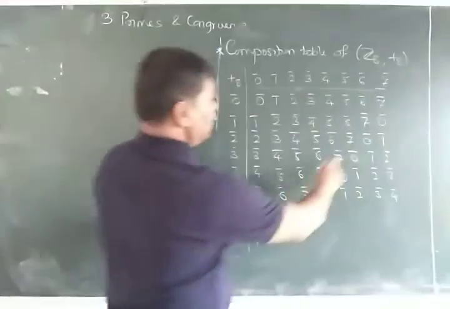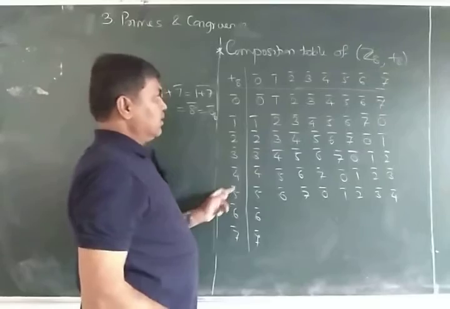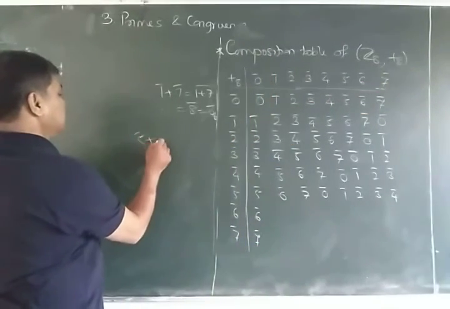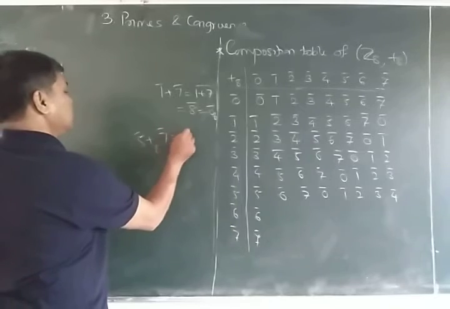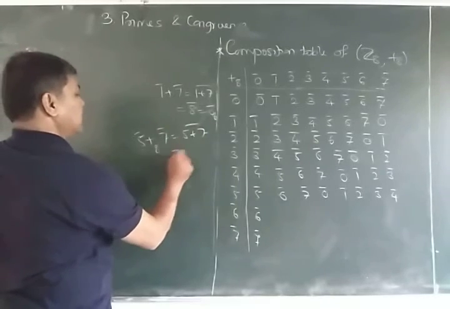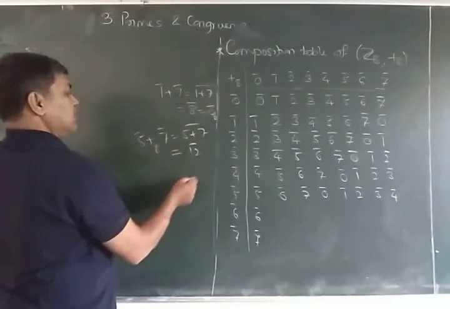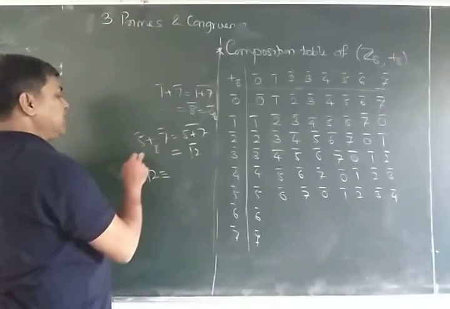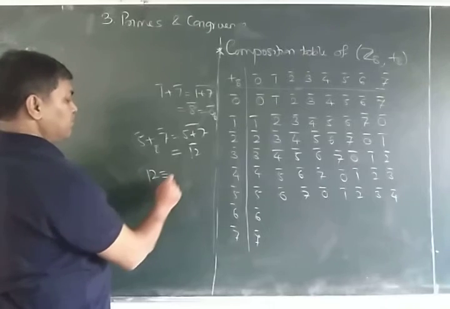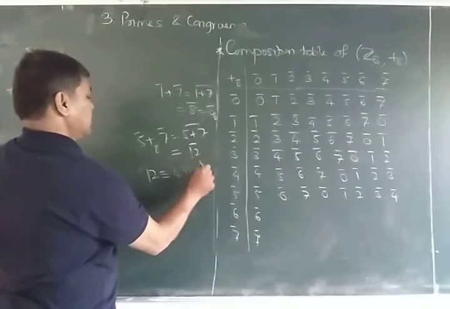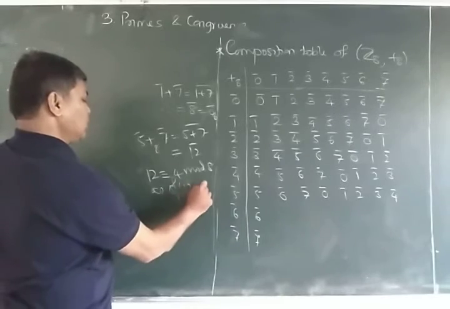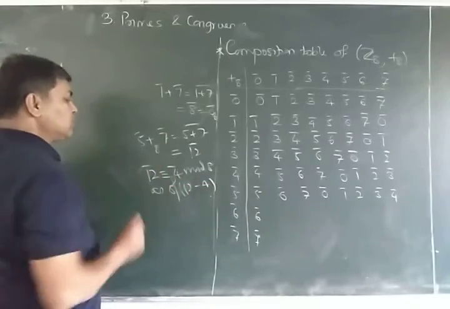5, 6, 7, 8 is 0 bar, 1 bar, 2 bar, 3 bar, 4 bar. See here, 5 plus 7, 12. What is 5 bar plus 7 bar? It is equal to 5 plus 7, bar, 12 bar. 12 is congruent to, if I divide it by 8, what is the remainder? 4 mod 8, as 8 divides 12 minus 4. So 12 bar is equal to 4 bar.